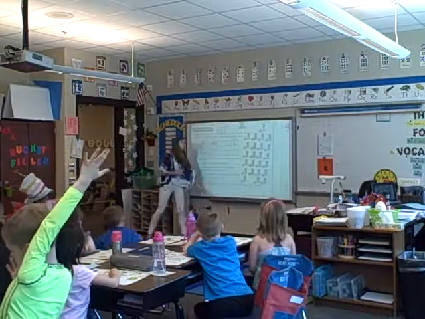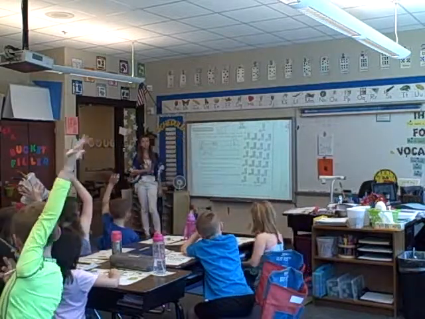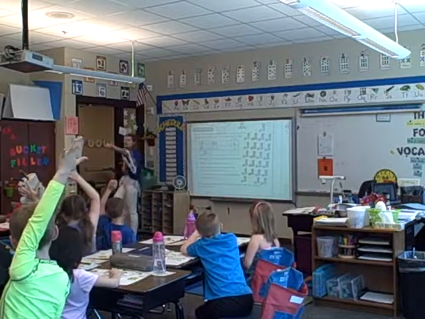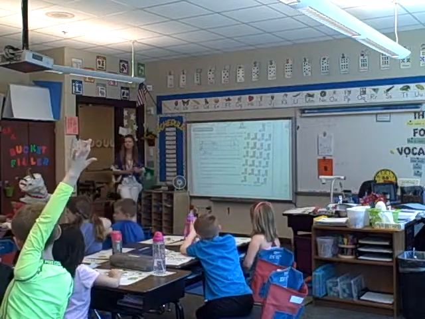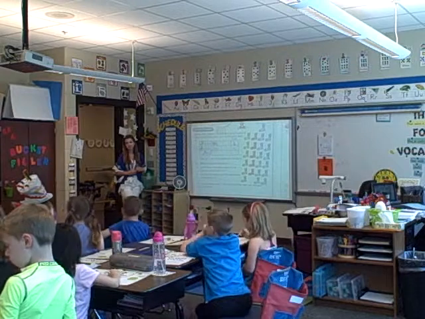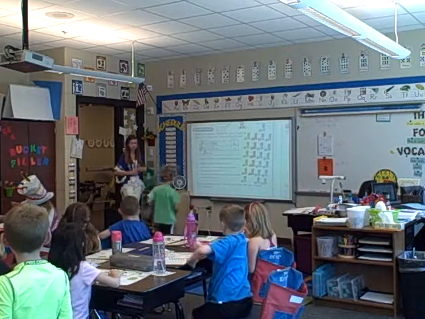It's much easier. So who wants to come help me and show me how many blue socks they found? Yes. All the way back. Yes, you. I'm sorry, I'm still trying to learn everybody's names.